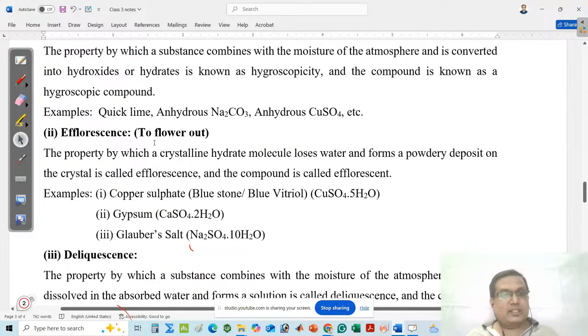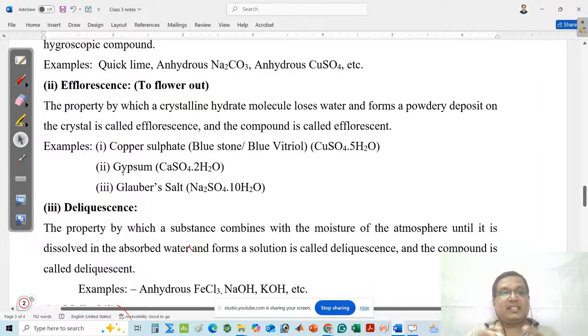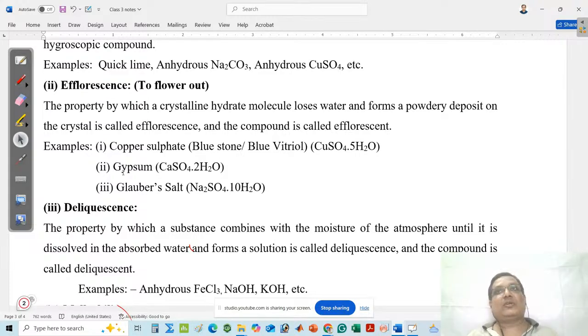Next, efflorescence. Efflorescence, in other words, means to pour out. The property by which a crystalline hydrate. Crystalline means having a regular shape. You know that solids have two forms: one is amorphous, another is crystalline. Crystalline substances generally show this type of property.